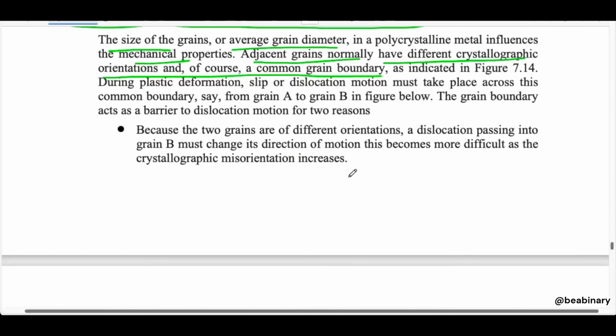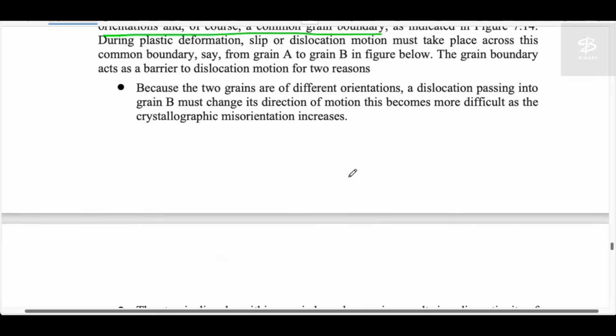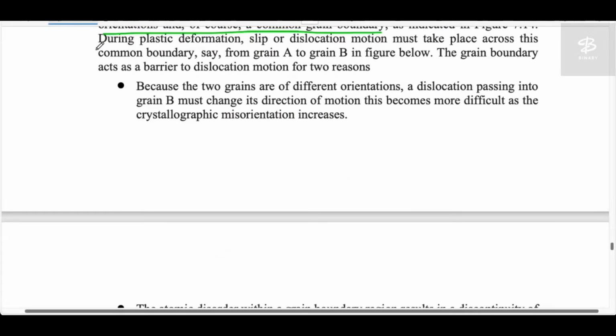Okay, so during the plastic deformation, slip or dislocation motion must take place across this common boundary. Obviously, the movement of the slip is going to end at the boundary, right?